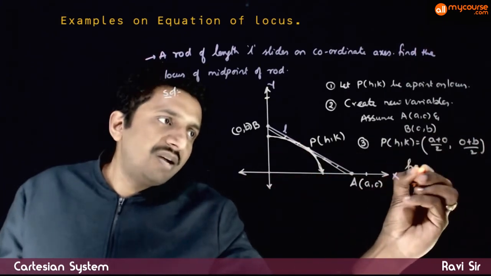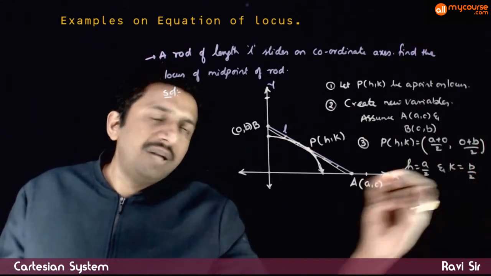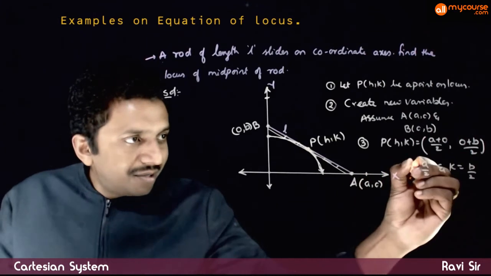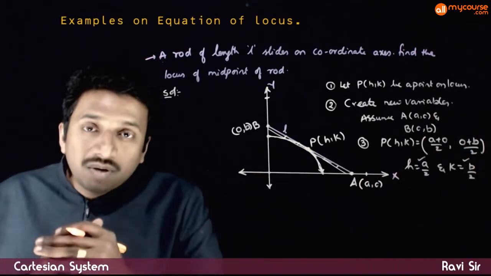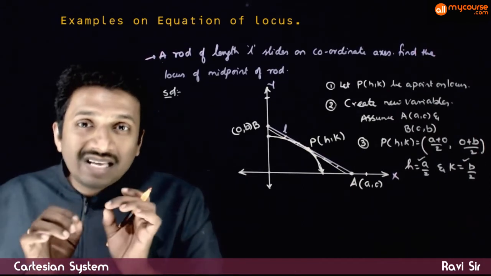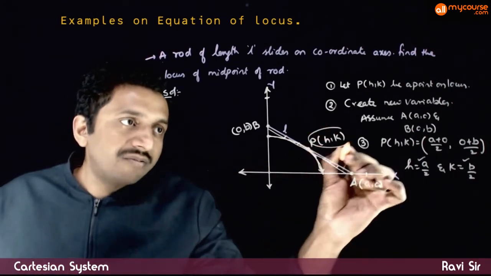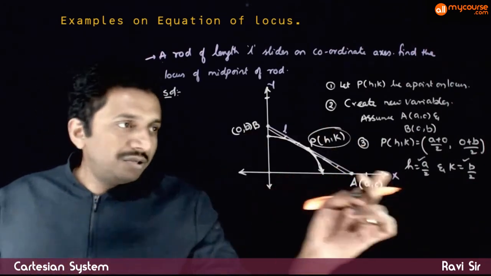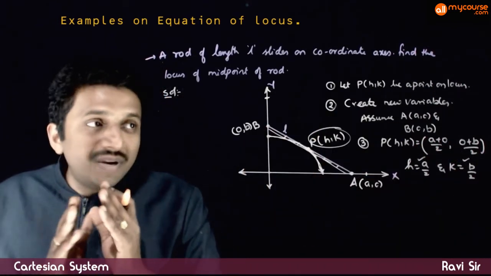So h is equal to a/2 and k is equal to b/2. So you got two equations. Now what is the equation of the locus? The equation of locus is some algebraic condition only in terms of h and k. So you should not have any a and b. That means you need to eliminate a and b.